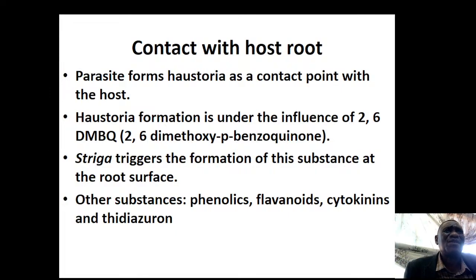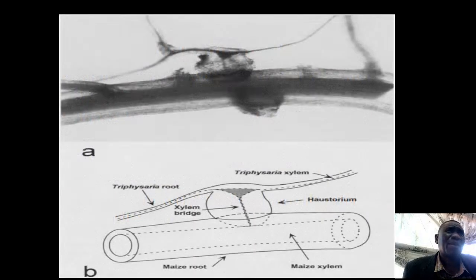We have the phenolics, flavonoids, cytokinins, and thidiazuron. Here we've got a picture showing the haustoria, or the connection between the host and the parasite.